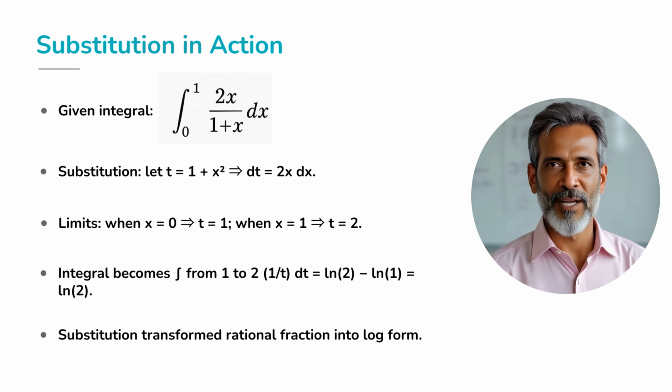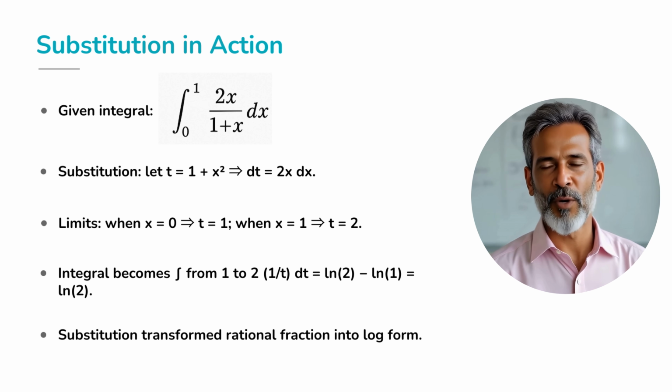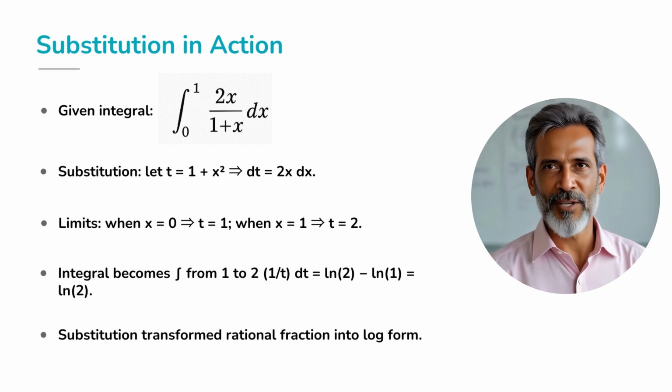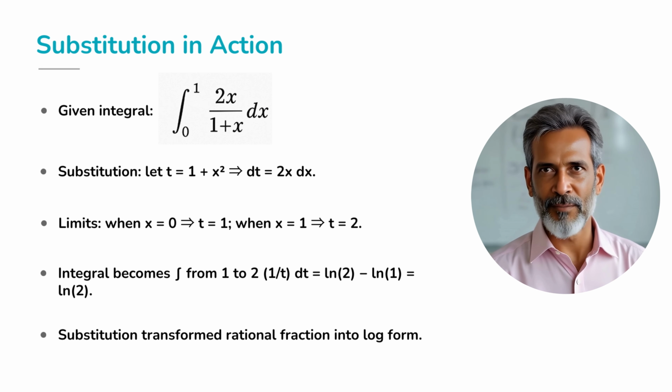So the integral becomes the integral from 1 to 2 of 1 divided by t dt. That equals log of t from 1 to 2, which is log of 2 minus log of 1, and since log 1 equals 0, the answer is log 2. A difficult-looking rational function became a simple logarithm with just one substitution.